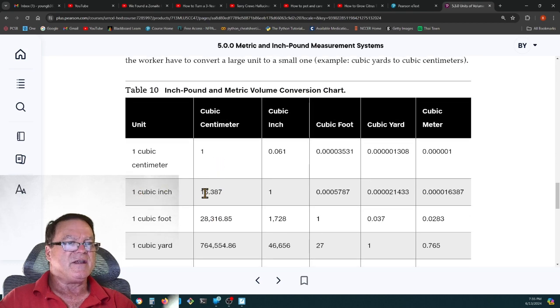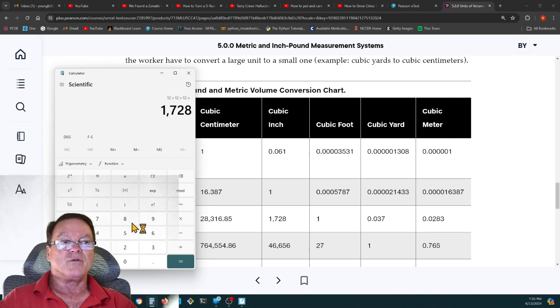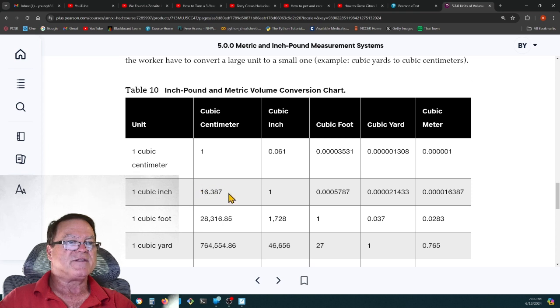A cubic inch is 16.387 cubic centimeters. Again, if you recall that there are 2.54 centimeters in an inch, then we can do 2.54 times 2.54 times 2.54, and we get 16.387 cubic centimeters in a cubic inch.